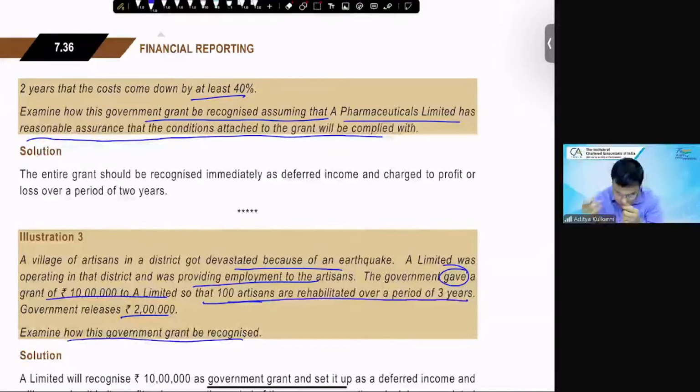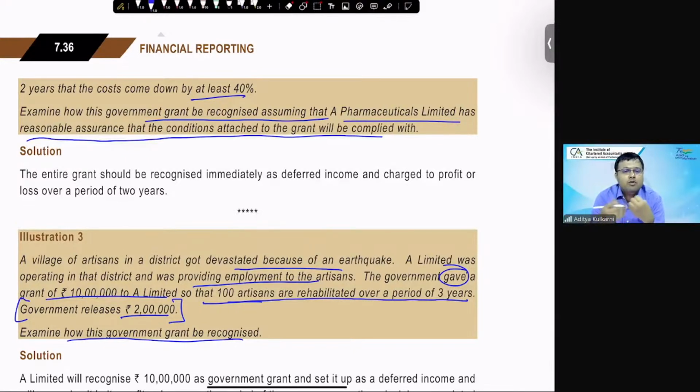Okay. So let me see, the government releases 2 lakhs. Let us look at this implication separately. Now examine how this government grant will be recognized. We will recognize it as deferred income. And over the next 3 years, rehabilitation means I will be helping them to set up their handlooms or their units, whatever is there.